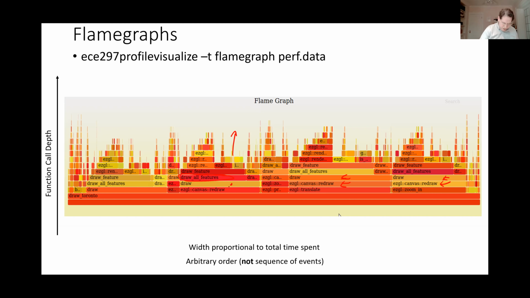Okay, so this means draw called draw all features, and draw all features is most of the width of draw. So that's where most of your time went in draw. And if you go look in these, you'll see, well, what does draw all features call, and how much time does each of those things take?